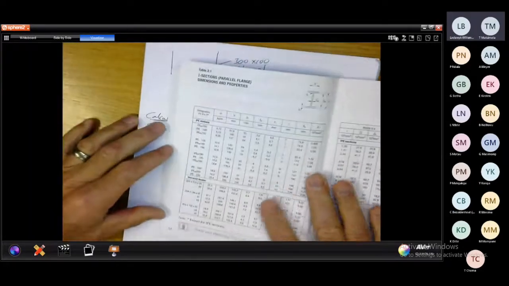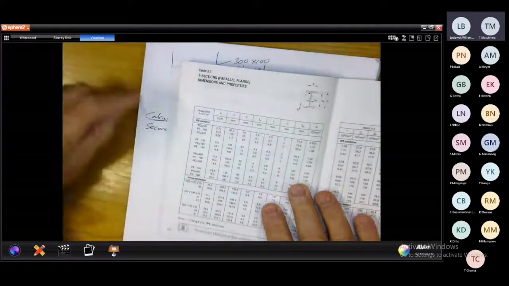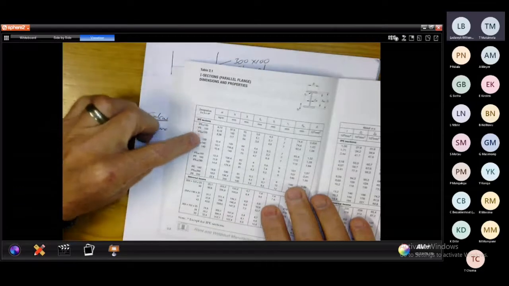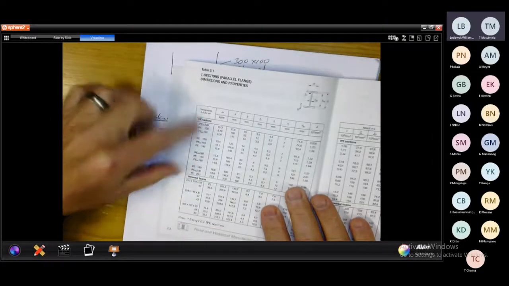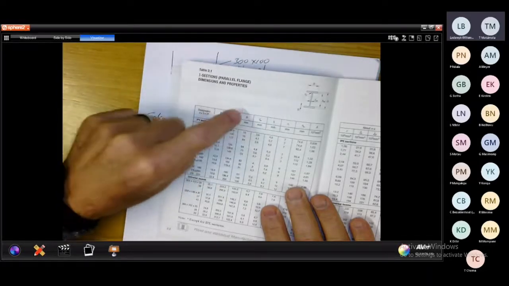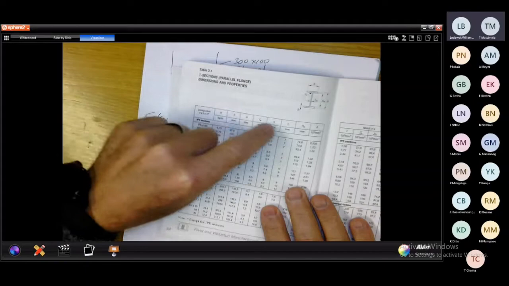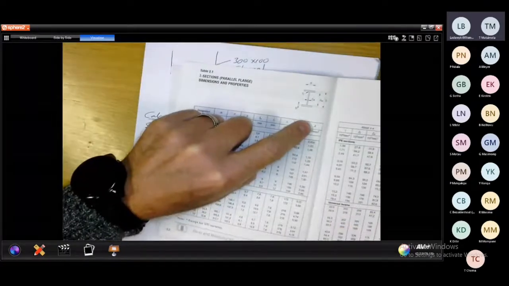Now, if you check here, and I will come later to the example in more detail, this is how you can describe the I section in the first column. Then you have your mass, your real height, your real breadth, the thickness, and the radius for your corners. Then you have your area here.